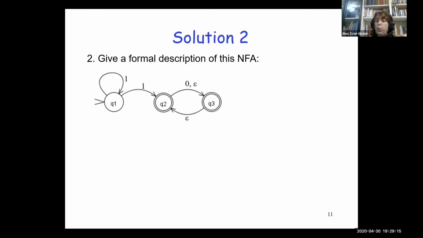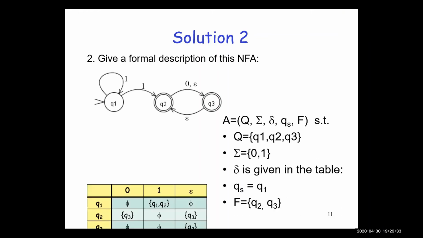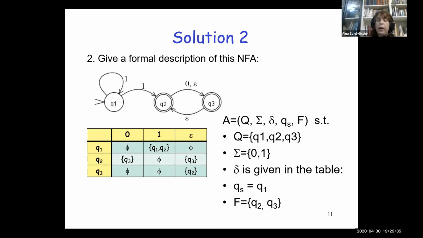The delta function, we will draw the table in a moment. The initial state is Q1, and the F set of accepting states is Q2, Q3.